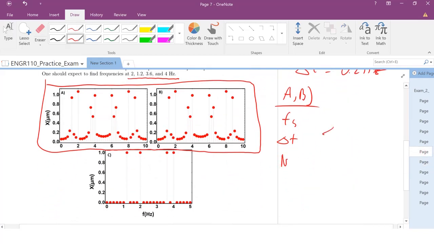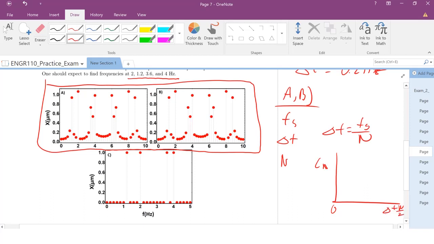We know that delta F is equal to Fs over N. So let's look at A and B, for example. One really difficult part of Fourier analysis is that we always plot our frequency spectrums from C of N from 0 to our Nyquist frequency, which is delta F times N over 2.